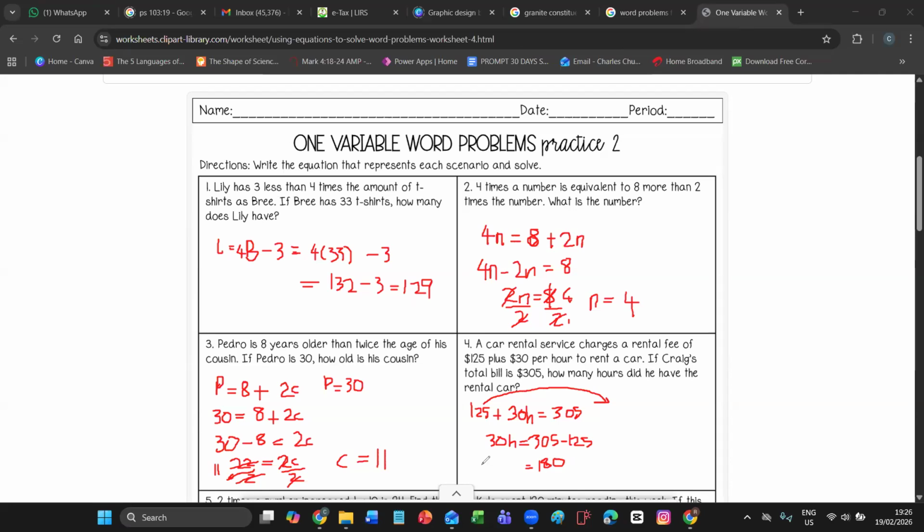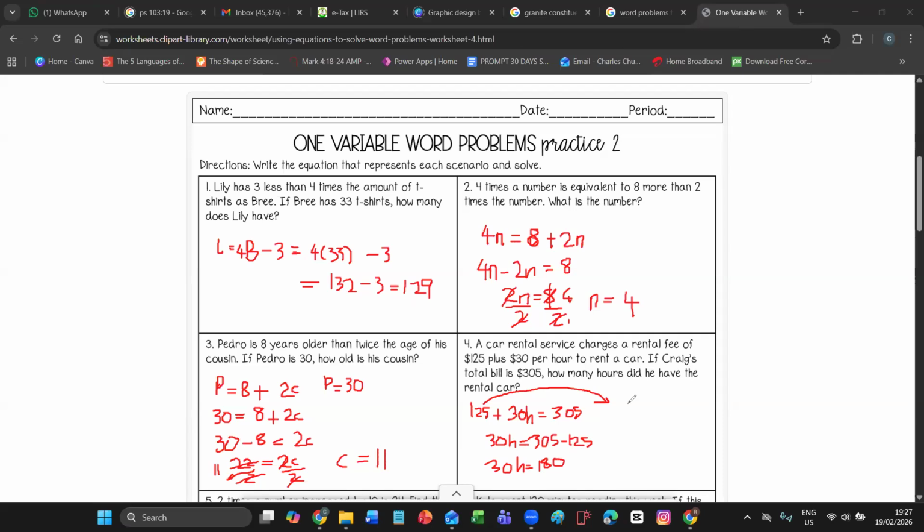So what are we going to do to both sides now? Divide both sides by 30. Exactly.